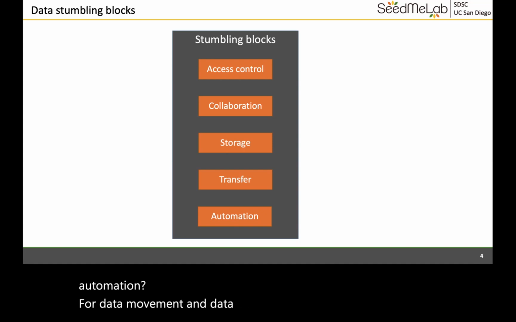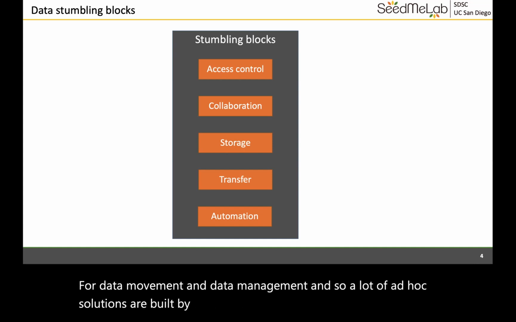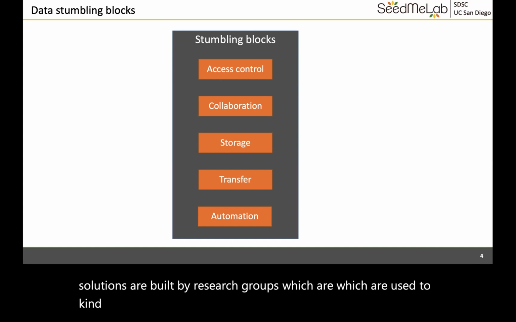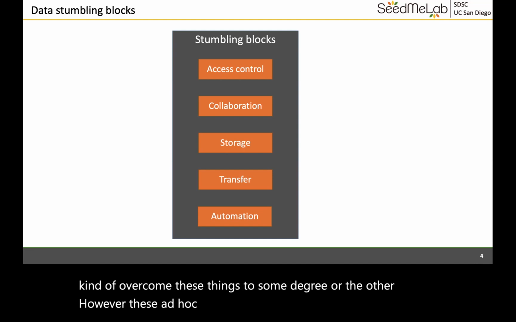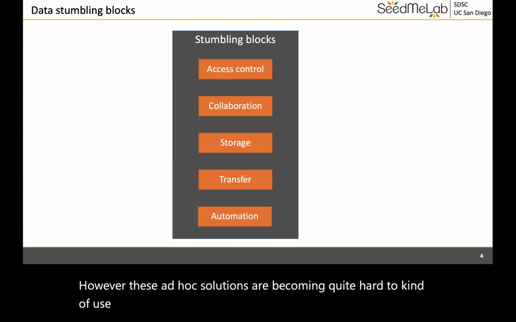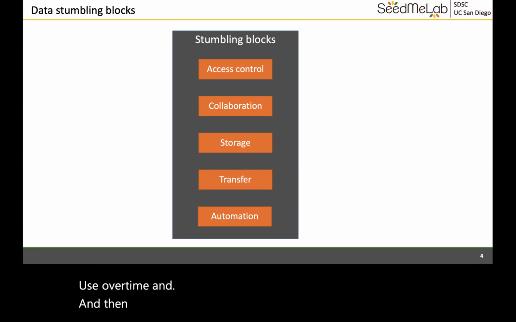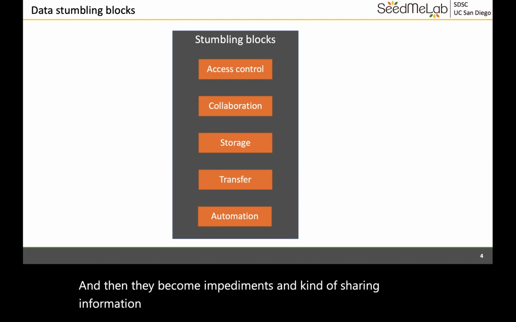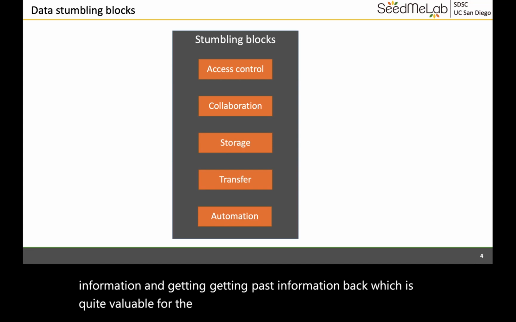A lot of ad hoc solutions are built by research groups to overcome these things to some degree or the other. However, these ad hoc solutions become quite hard to use over time, and they become impediments in sharing information and getting past information back, which is quite valuable for the PI or the stakeholder who actually owns the data over the medium term.